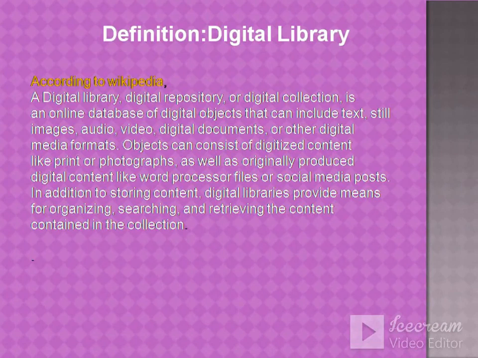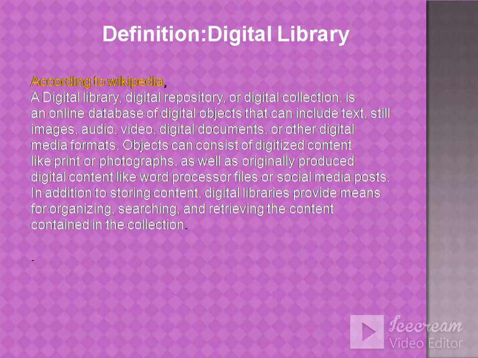Definition of digital library. There are different definitions given by different organizations, but a simple definition, according to Wikipedia: a digital library is a digital repository or digital collection, an online database of digital objects that can include text, still images, audio, video, digital documents or other digital media formats.